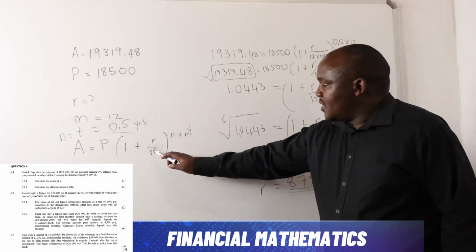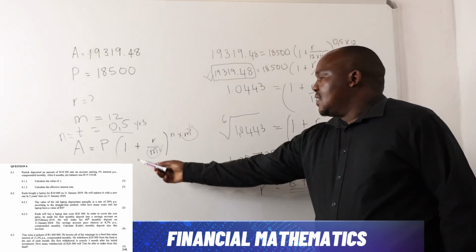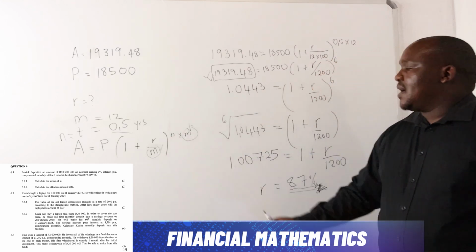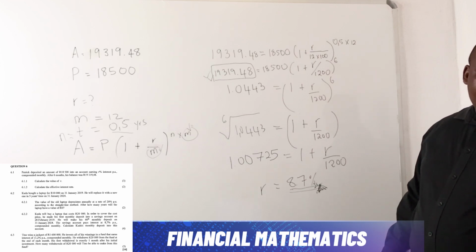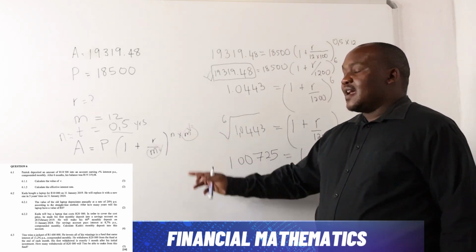So the most important thing is to remember this. Of course, in your formula, it's given like this, but remember, you can multiply the n by the multiple of times the compound interest is accumulated. If it's monthly, the M is 12.